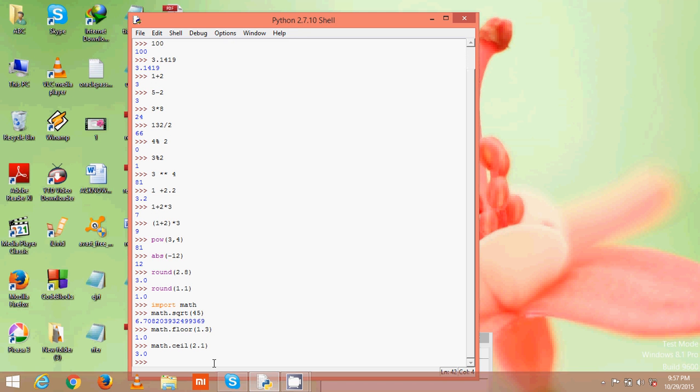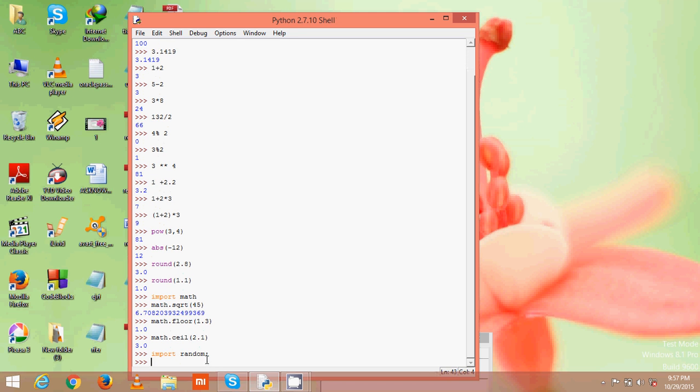Let us import the random library, that is import random. This library is used for generating random numbers. So the syntax is random dot random. Random dot random will generate a random number, that is a float number between 0 and 1.